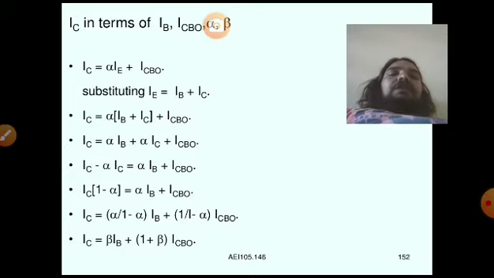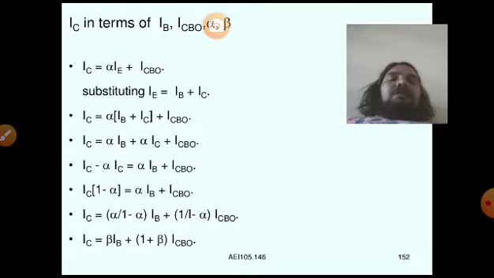ICBO. Substituting IE is equal to IB plus IC, IC is equal to alpha into (IB plus IC) plus ICBO, so IC is equal to alpha into IB plus alpha into IC plus ICBO. Then IC minus alpha into IC is equal to alpha into IB plus ICBO.